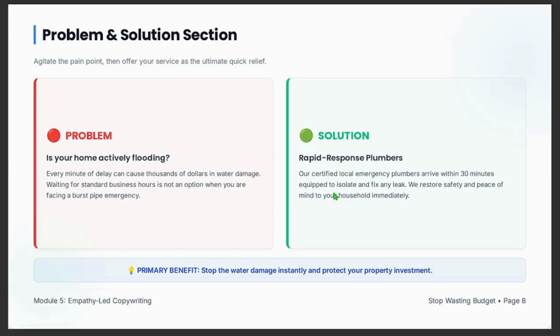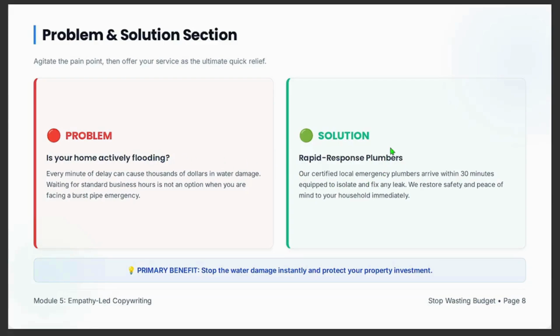First, talk about the user's problem. For example, your home is flooding. Every minute of delay can cause expensive water damage. This shows the users that you understand their pain. Then present your solution.